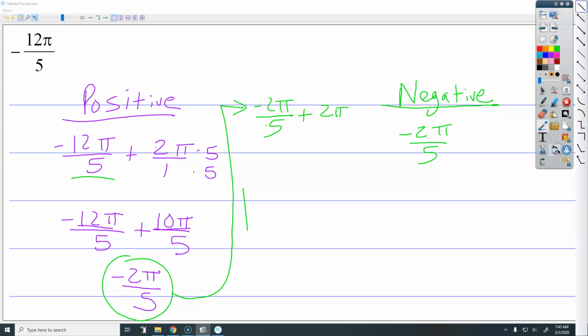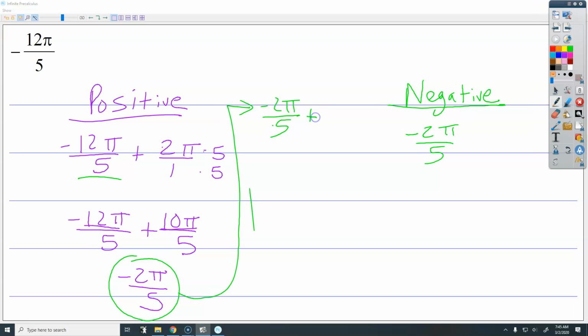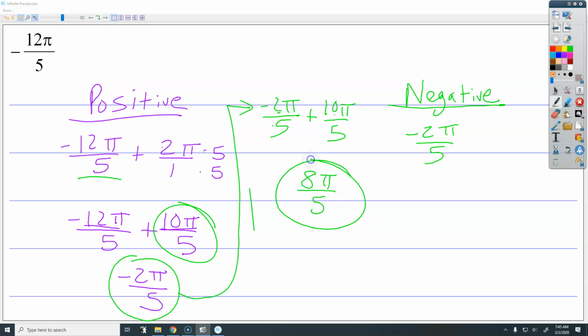But we already did that. The common denominator is 5, and after we got that common denominator, we got 10 pi over 5. So there's no point in doing all that math again. Just take your last one that you got. That's 2 pi, so just use it again. So now negative 2 and 10 makes 8 pi over 5. And there's your positive coterminal.